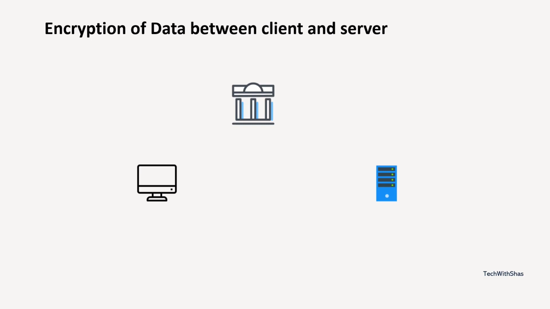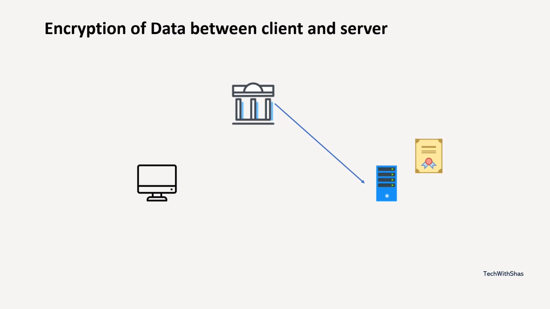So as a first step, suppose you want to establish a connection between client and server, and you also want your data in transit to be very secure and encrypted. For that, the first step is that the server, at least the server, must obtain a certificate from the CA authority, right? So the CA authority will provide the certificate to the server.